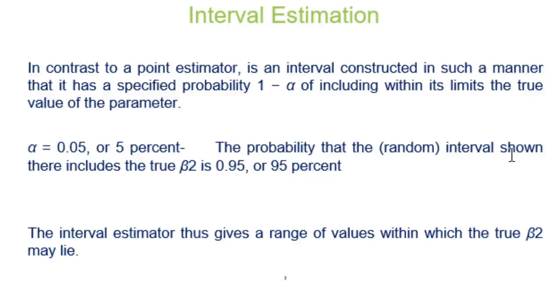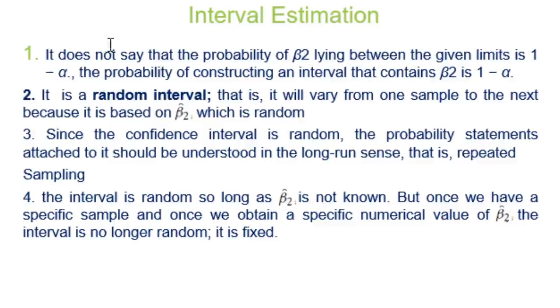The interval estimator thus gives the range of values within which the true beta 2 lies. It doesn't say that the probability of beta 2 lying between given limits is 1 minus alpha, but that the probability of constructing an interval that contains beta 2 is 1 minus alpha.